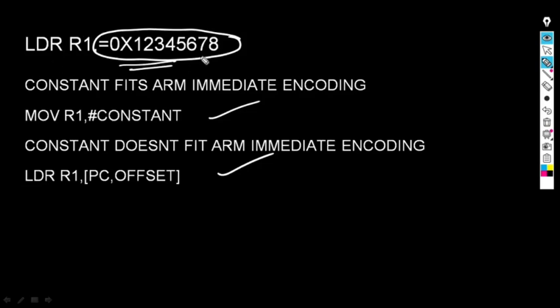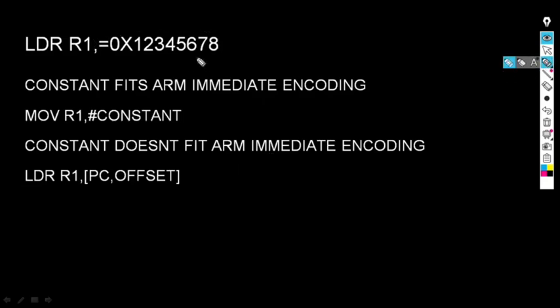If this particular constant satisfies that condition, then this will be converted into a move operation itself by the assembler. But in this particular example, since this constant cannot be converted to a form suitable for move operation, we have to consider the next case, that is LDR.